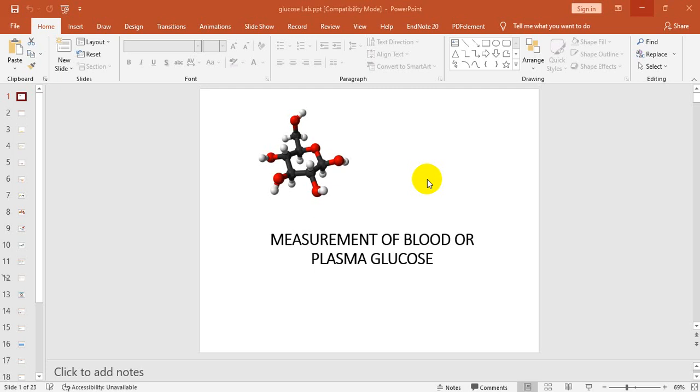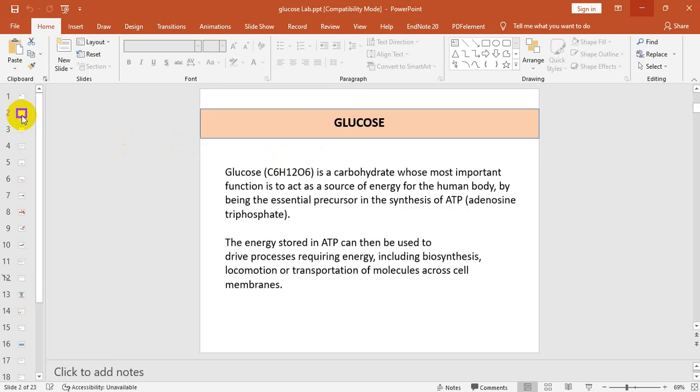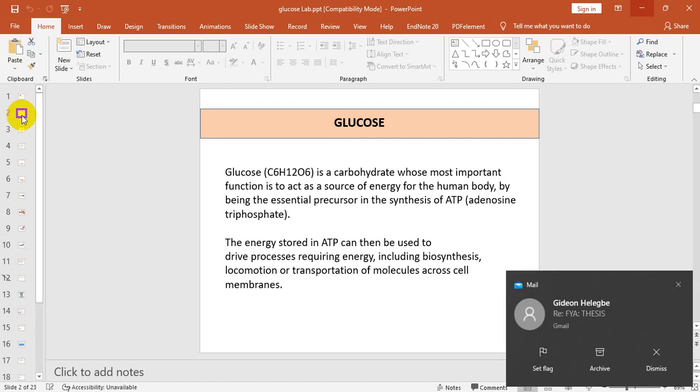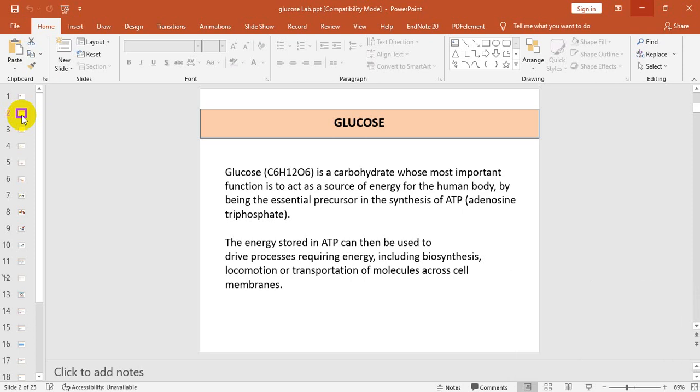Good evening, class. Let's now see how we can effectively measure plasma or blood glucose level. Glucose, as earlier discussed, is a carbohydrate whose most important function is to act as a source of energy for the human body by being the essential precursor in the synthesis of ATP, also called adenosine triphosphate.